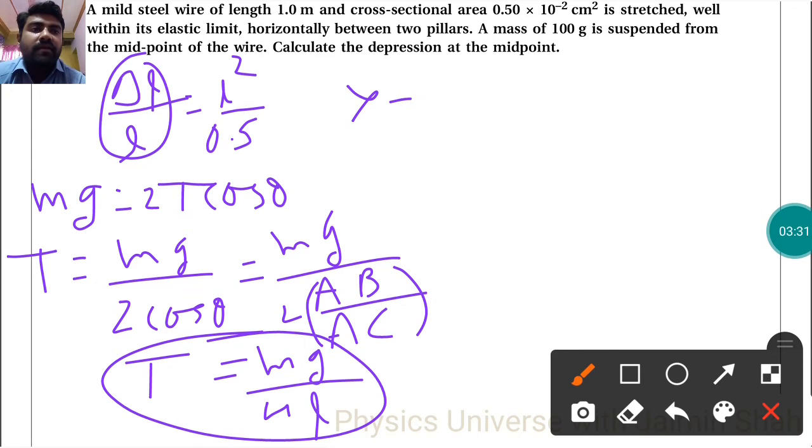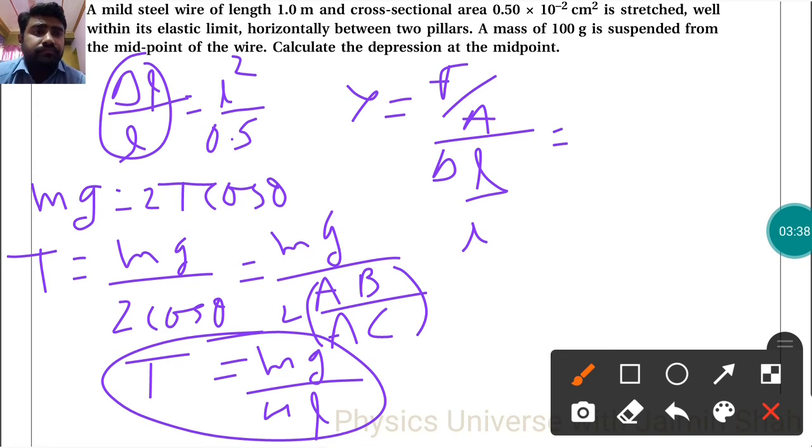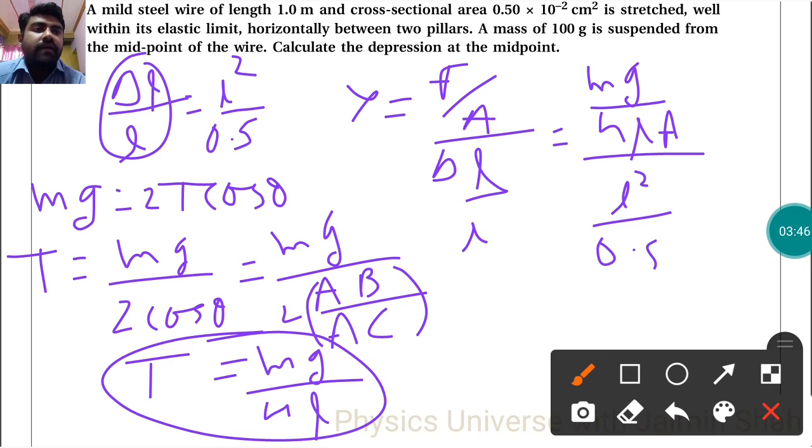Now we can write the Young modulus formula, that is force upon area, upon delta L upon L. Force is mg upon 4L, into A, upon delta L upon L, which is L square upon 0.5.